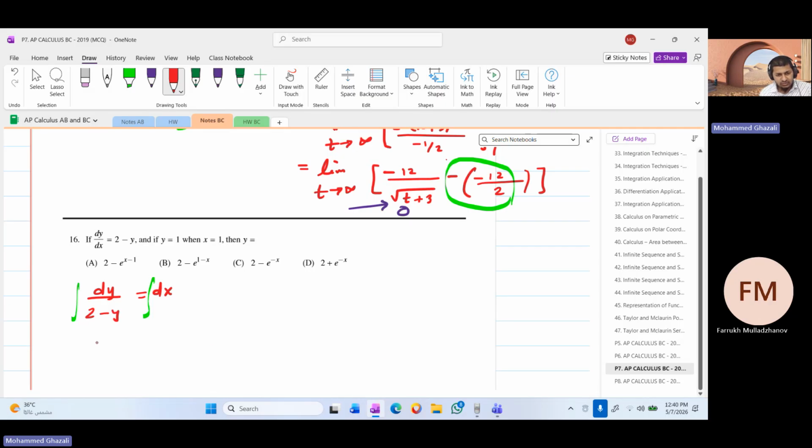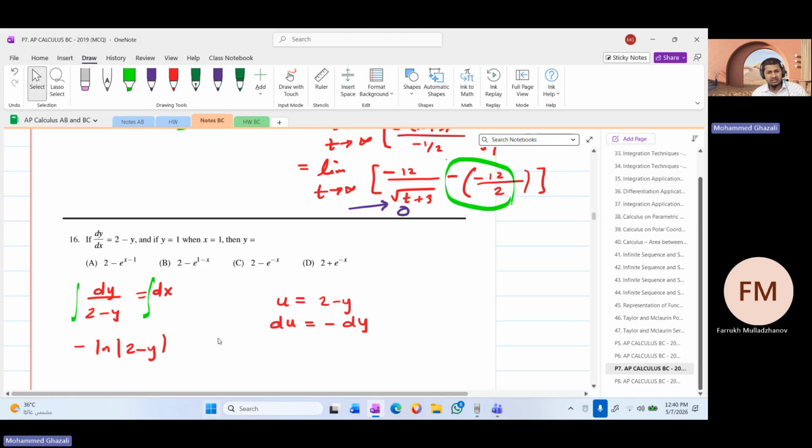Integrating both sides will give you ln of 2 minus y with a negative outside, okay? Make sense? Why negative outside? Because of the negative inside. If you make u equal to 2 minus y, then you have du is equal to negative dy. So that's why there's a negative on the outside.